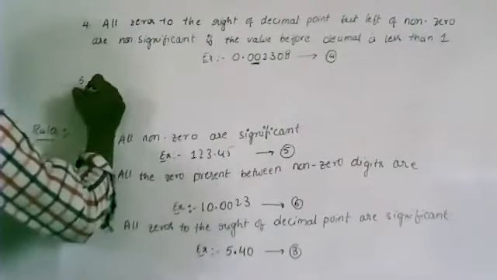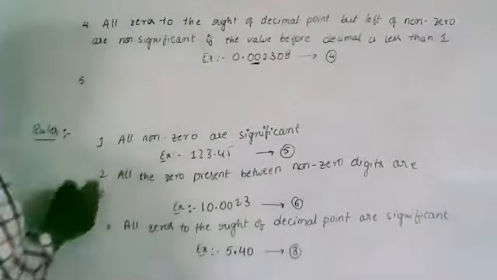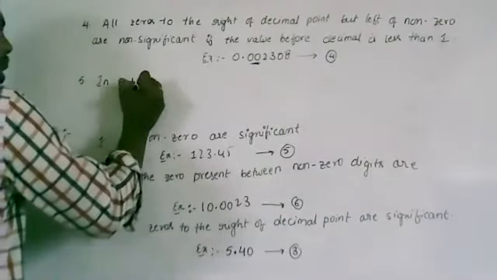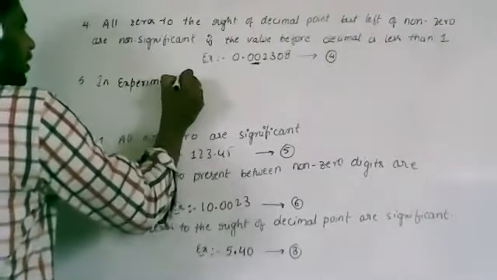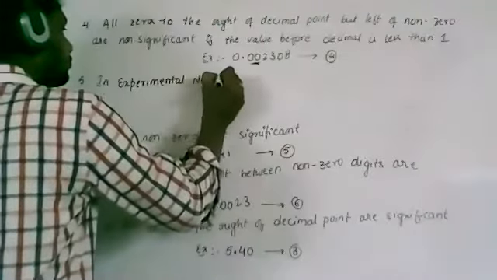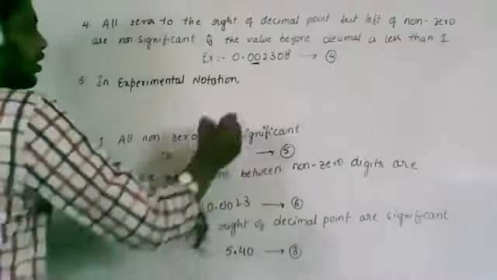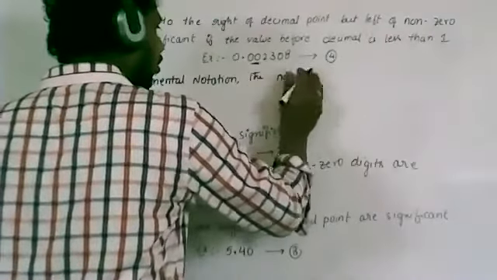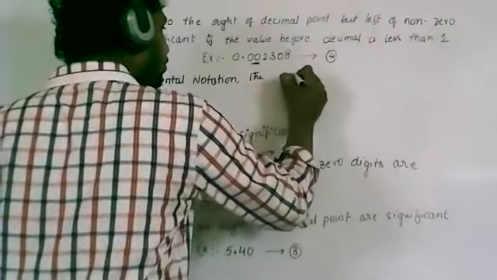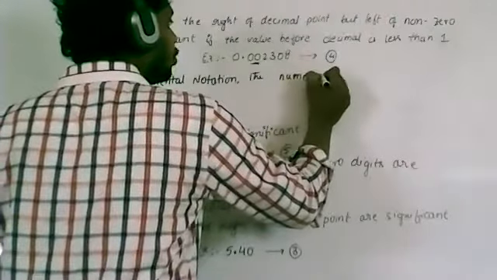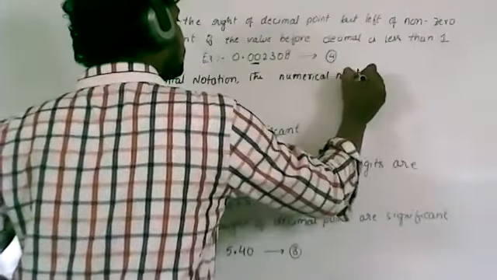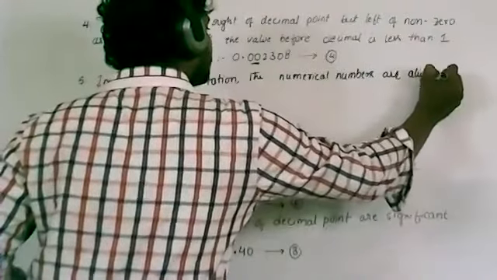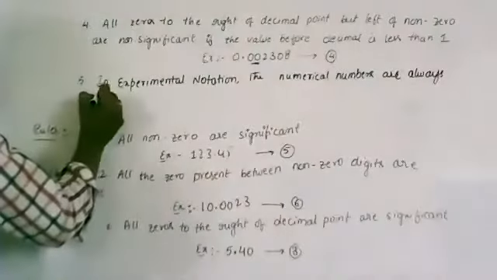In exponential notation, the non-zero numbers, the numerical numbers, are always significant.